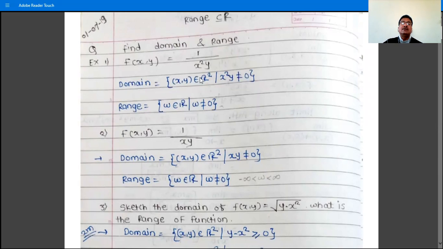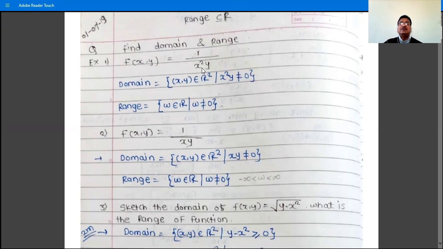So the set of images is called the range of the function. And so obviously the range of the function is a subset of R. So it is the set of elements W from R, such that W is not equal to 0. Because if W is 0, then what are x and y? x and y both are 0.